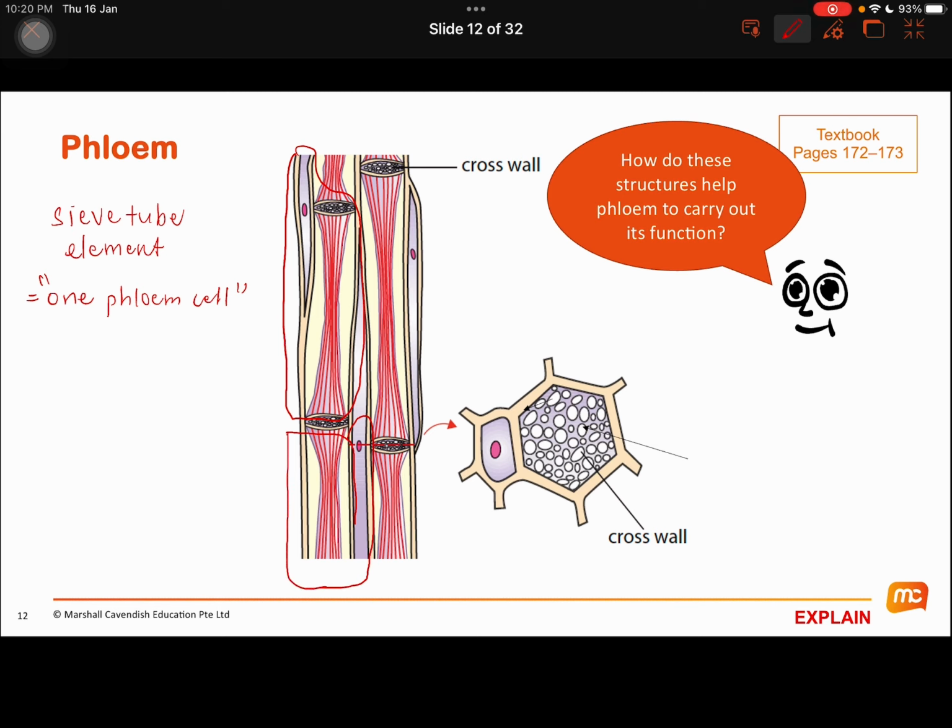Alright, so phloem is made up of a tube of sieve tube elements joined together to give you the entire phloem tissue.